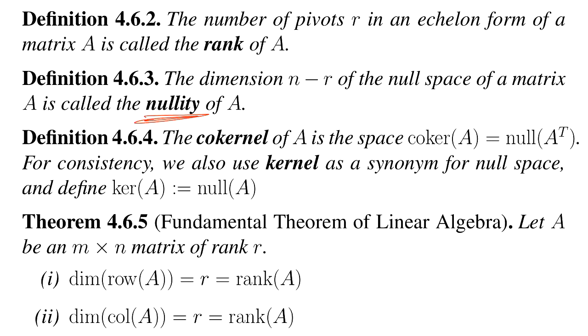Okay, just as a bit of jargon, which is essentially unavoidable, I mentioned Tuesday that there's this fourth space that's really important, which is the null space of the transpose. So we're going to give that a name. We're going to call that the co-kernel.